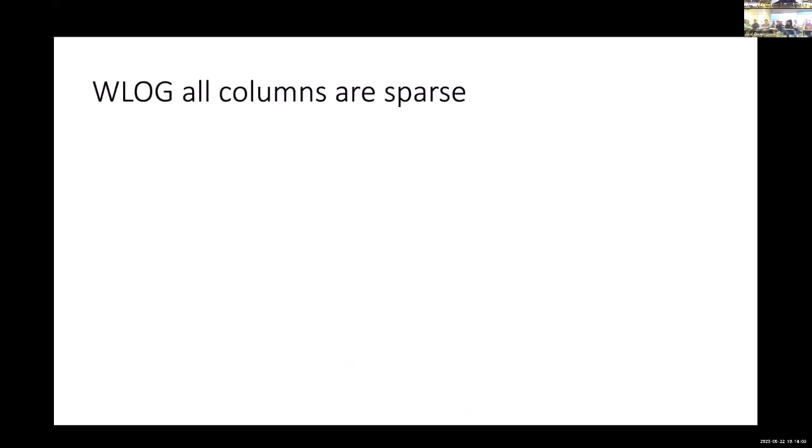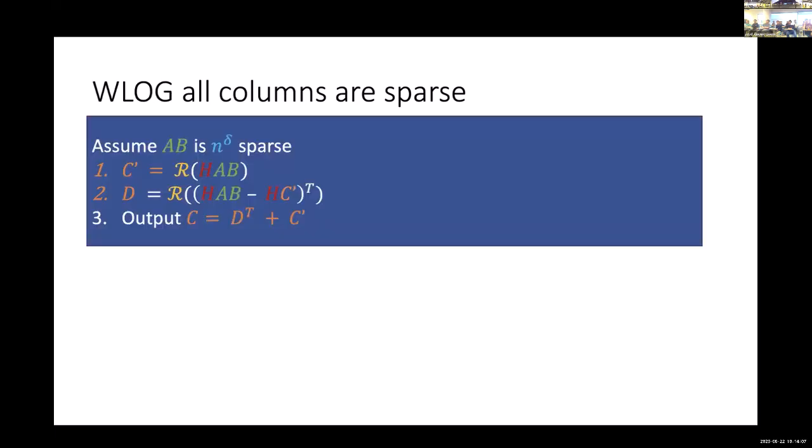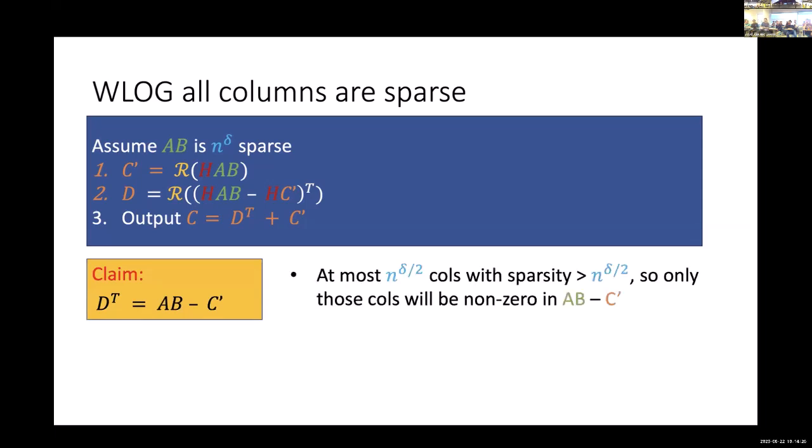Okay. So let's first prove the following thing, that this assumption that all columns are sparse is okay. We like to call it the Huck lemma, because of Huck. So here's the statement. I claim that I can just assume that all columns are sparse. This is okay because it's the same argument as the sparsity lemma we saw earlier.